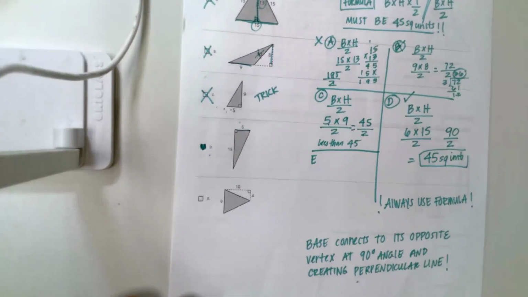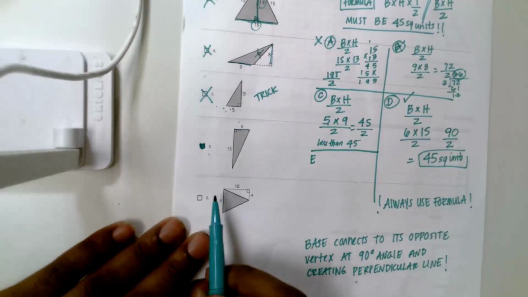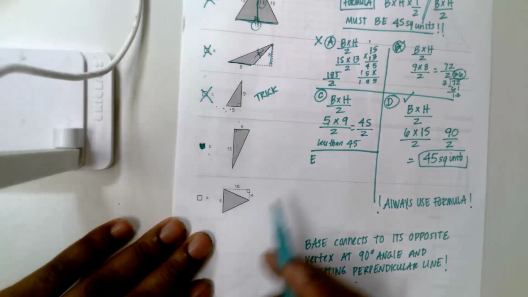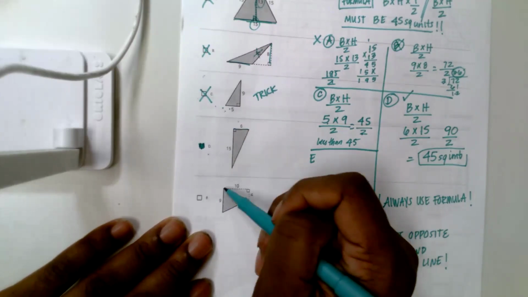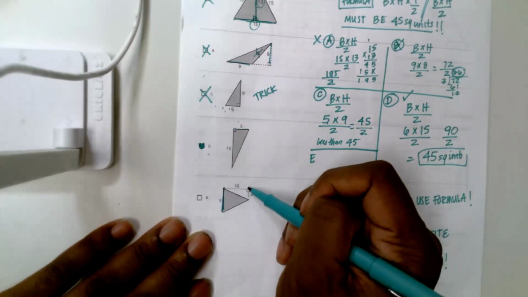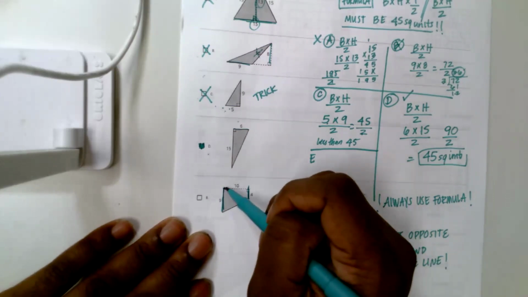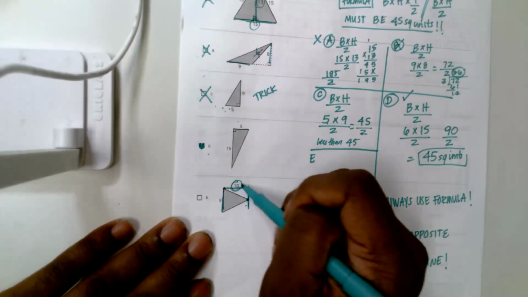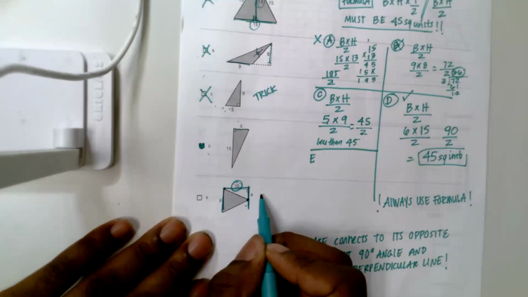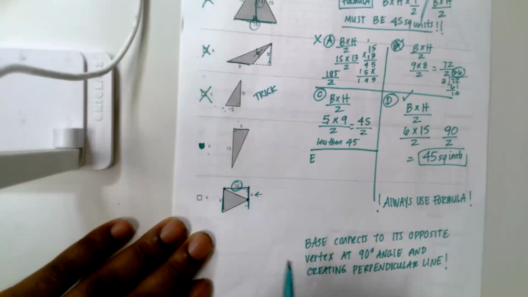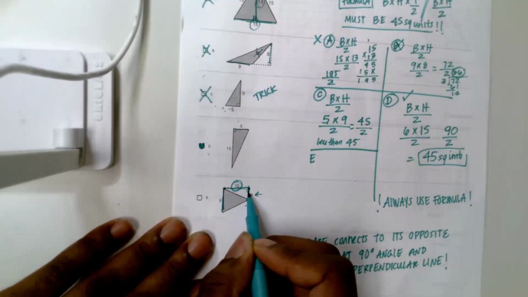Let's look at E. My base has to connect to my height at a 90-degree angle. So my base is 9. I know that is because the opposite side is its vertex, and it creates a perpendicular line at 90 degrees. A lot of people thought that this 4 was the perpendicular line for the base. However, this 4 only went here.